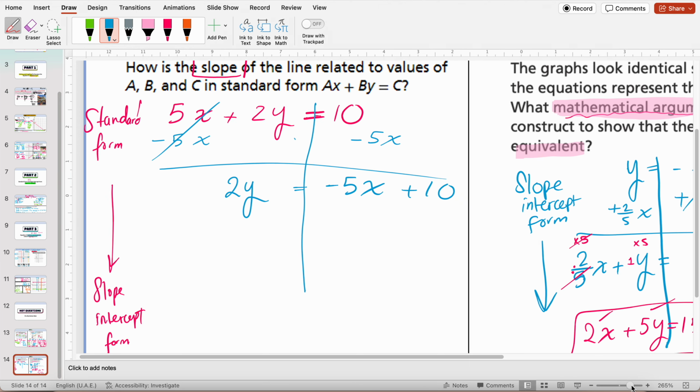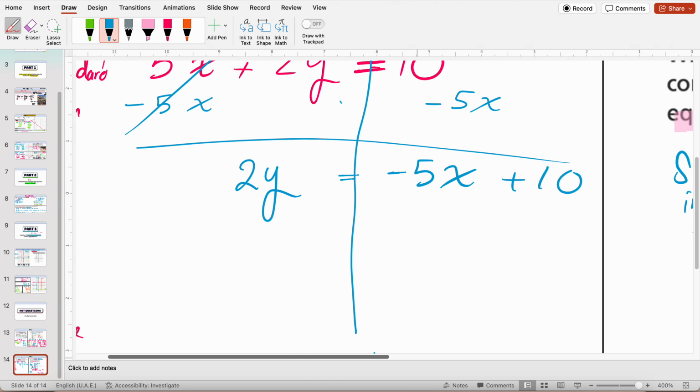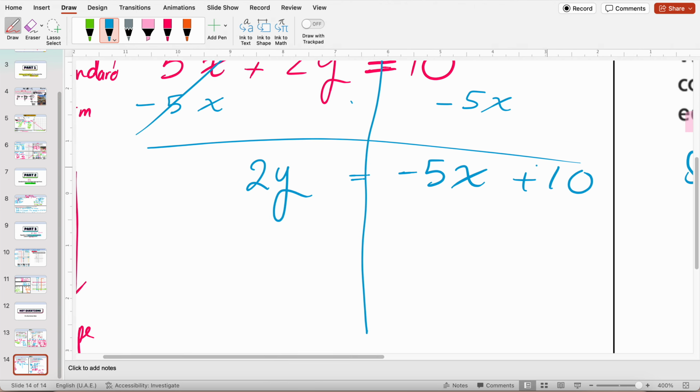Now I have a problem. It should be y alone equals mx plus b, but I have 2 times y. So in order to cancel the multiplication by 2, I need to have only y. Divide by 2. Cancelled. But whenever you are doing this one, you have to divide by 2 for all terms, okay? What will I have? Here I'm gonna have only y equals.